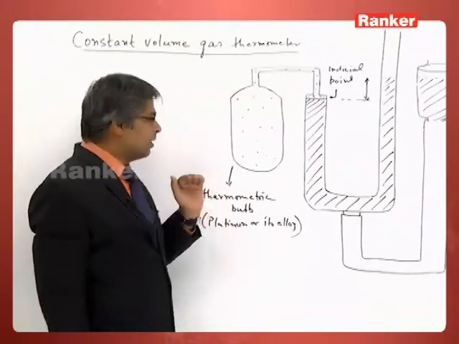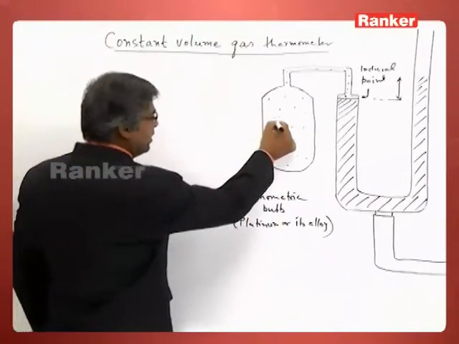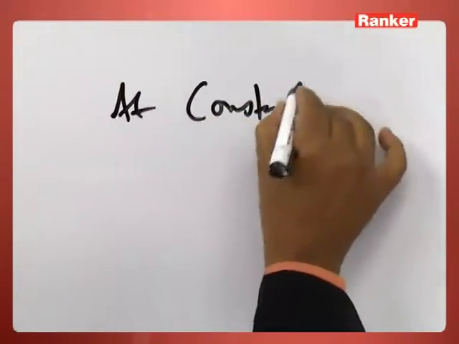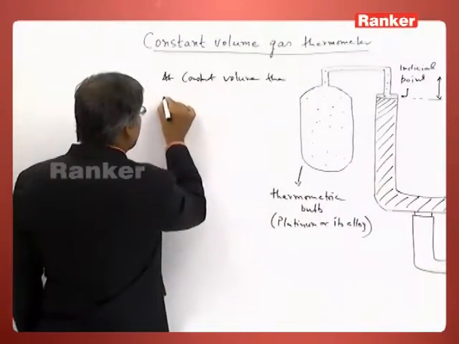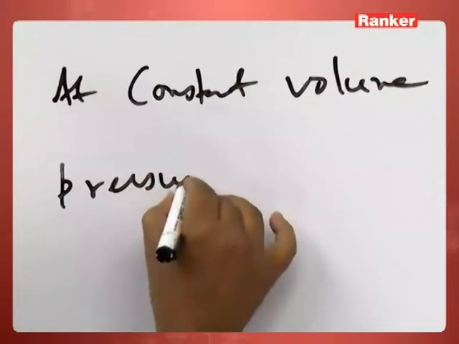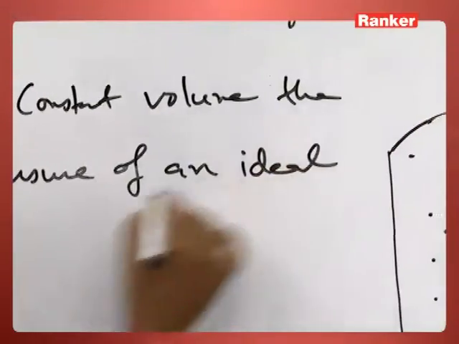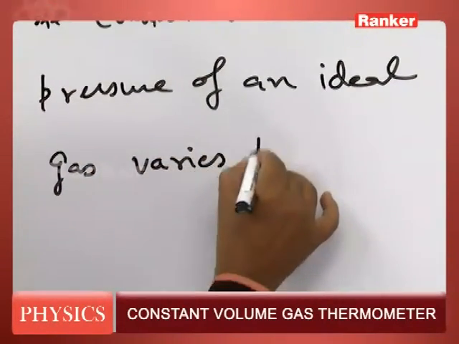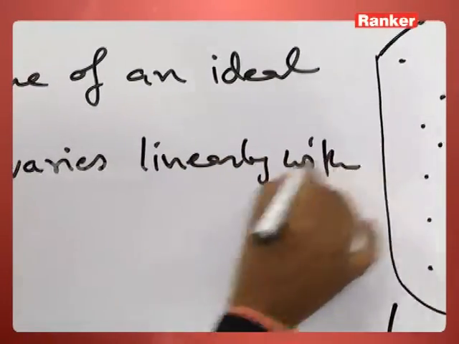So, the basic process here is, the thermometric property here is that at constant volume the pressure of an ideal gas varies linearly with temperature.